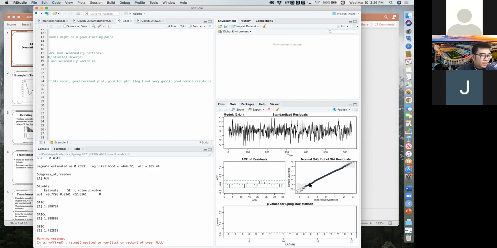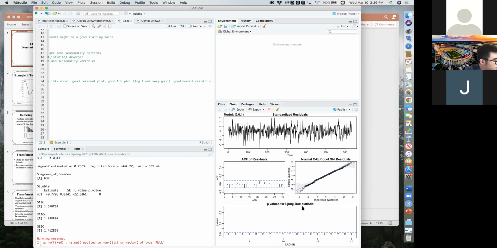Today I want to talk a little bit about the LB statistic. The general rule is that we use the LB statistic to test whether our model is a good model or a bad model. You can show that this LB statistic follows a chi-square distribution.